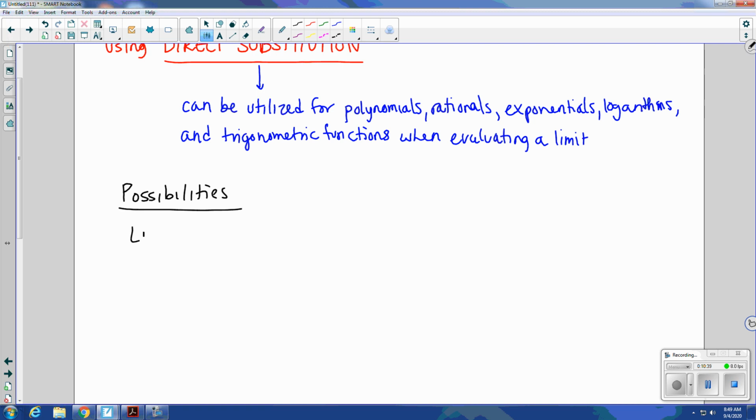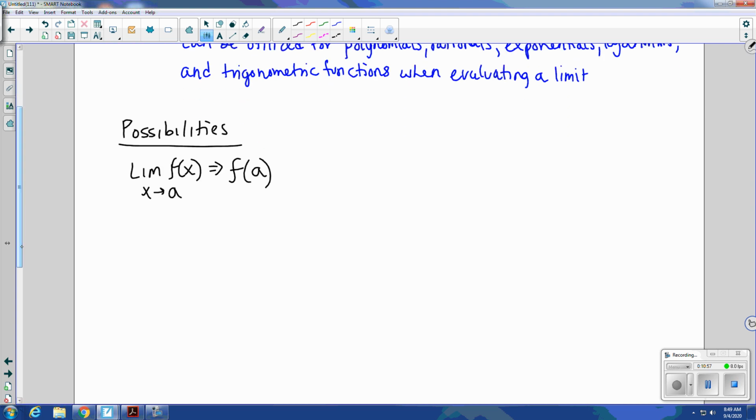So when we have the limit of a function as x approaches a, what we're going to do to determine that limit is just plug in a to the function. If this reveals the following, so possibilities for this, if f of a equals some number, that equals the limit. Okay, so if we just get a number, then you're done.